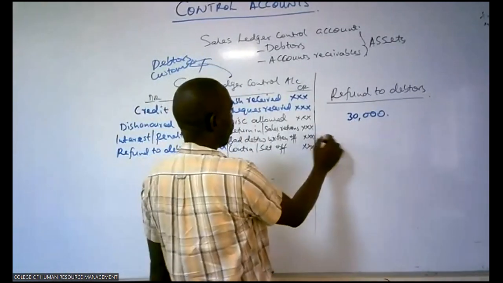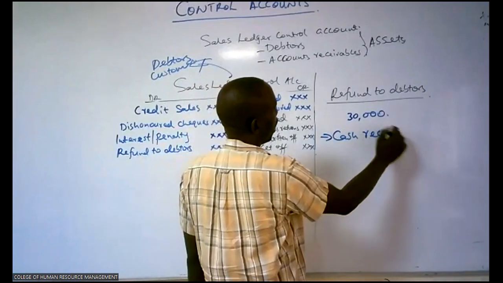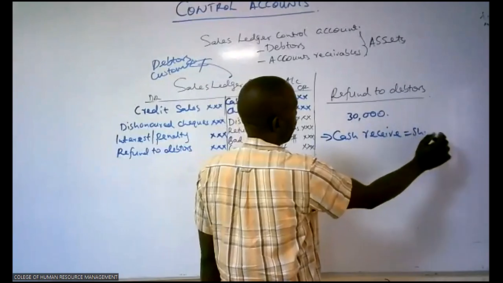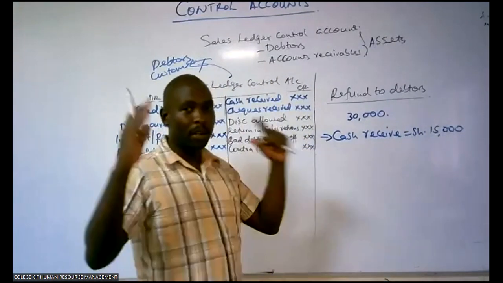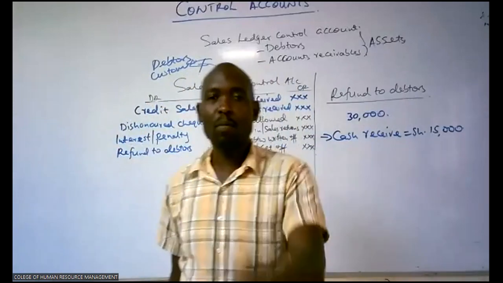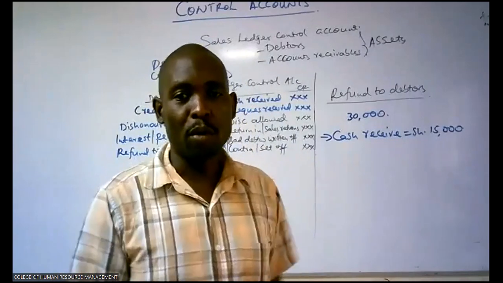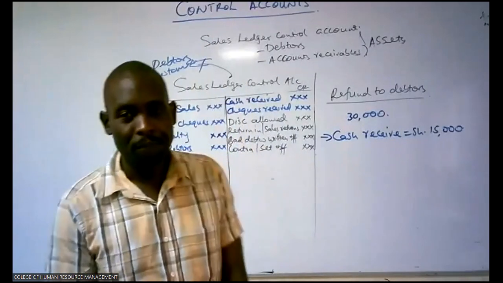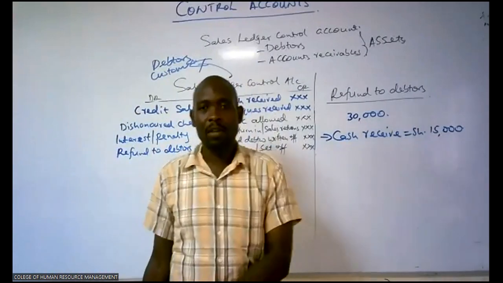But in the process, you receive cash from one of the debtors. Let's say you receive 15,000. Remember what I've said? At the back of your mind, you know all the debtors combined are supposed to pay you 30,000, and if they pay you 30,000, nobody will be having a balance. One debtor pays you 15,000.